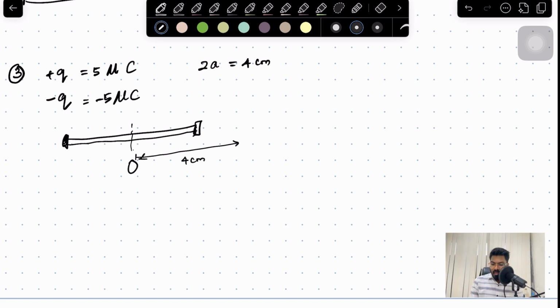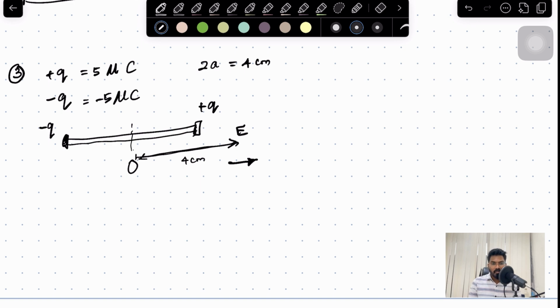I want to find the value of E from here. Now I'm assuming that this is Q, this is minus Q. So what will be the force that will be acting? This force is going to act in this direction, right side, because the electric field tends to move from the negative charge to the positive charge.